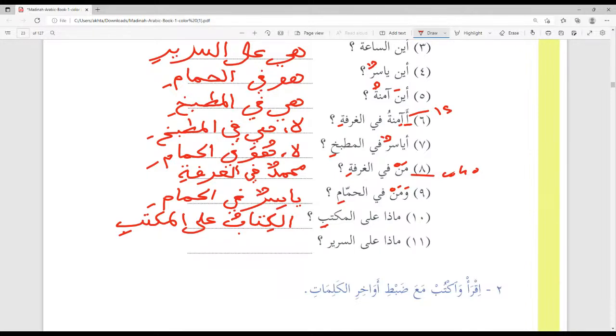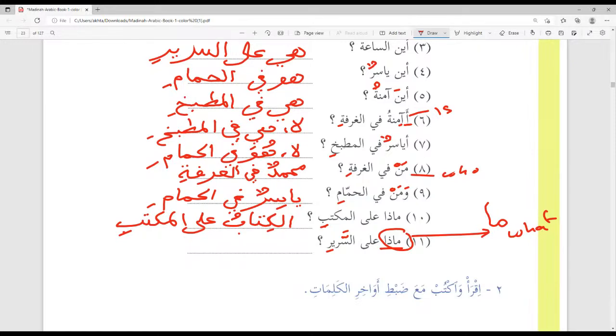ماذا على السرير؟ الساعة. So ما معنى ماذا؟ What is on the bed? In the first lesson we studied ما, which means what, and ماذا also means what.